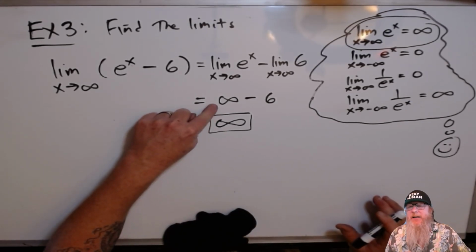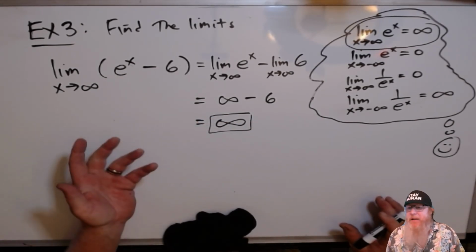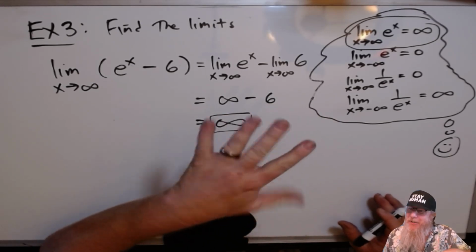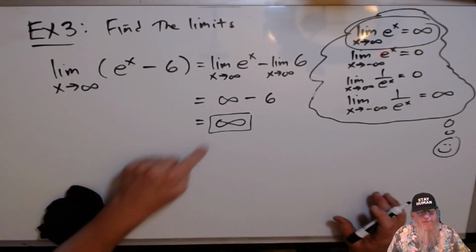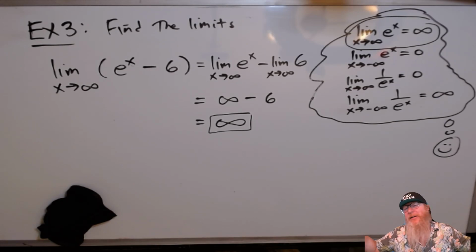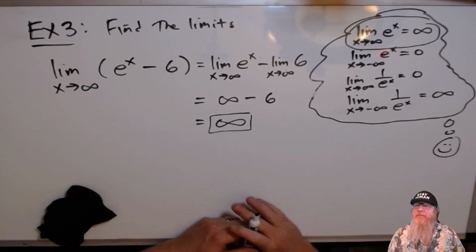Now, if this was a real number, then, you know, 1,000,000 minus 6 is not 1,000,000 anymore. But it's close to 1,000,000. It's still approximately 1,000,000. So you take something that's much larger than 1,000,000, it's infinitely large, it has no actual real number value, and you subtract 6 from it, you still have that infinitely large number.